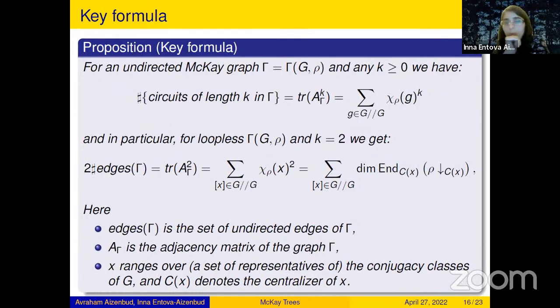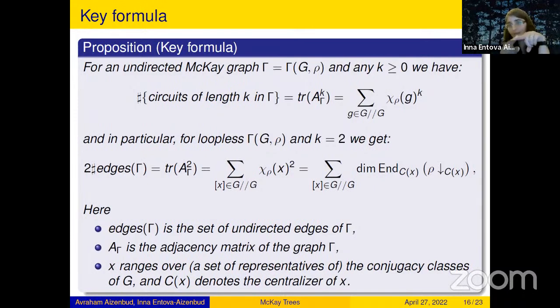And since we know that the adjacency matrix is diagonalizable, this immediately means that the number of circuits is actually the sum over all the conjugacy classes of the kth powers of the values of the character of rho. Now, if we take k equals 2, I'm interested in circuits of length 2.